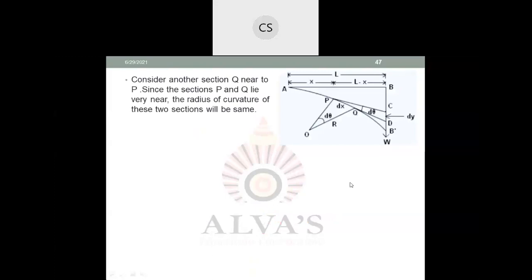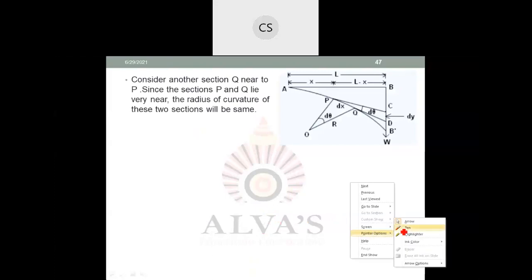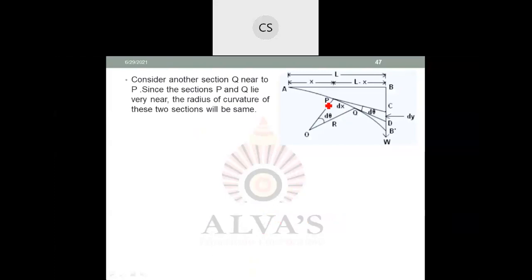So already we have considered a point P, correct? This is a point P that is deflected now at this point. In the same way, let us consider one more section very near to P. Let us consider section Q. Let us assume that P and Q are very close to each other.